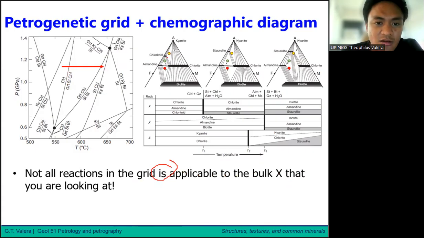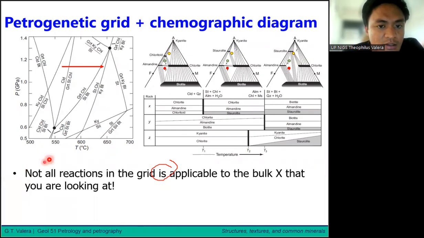So, sino sa tatlong dots na to yung nagpapakita ng ganong reaction? Sige, pause muna natin. Okay, so yung bulk composition rather, na magpapakita lang nun is yung green dot, yung X natin.